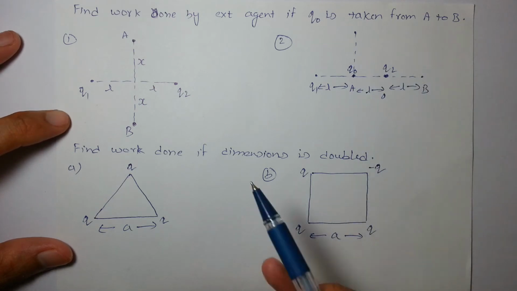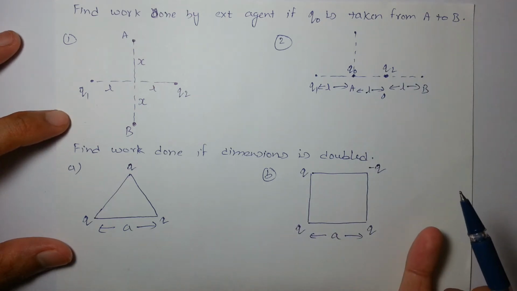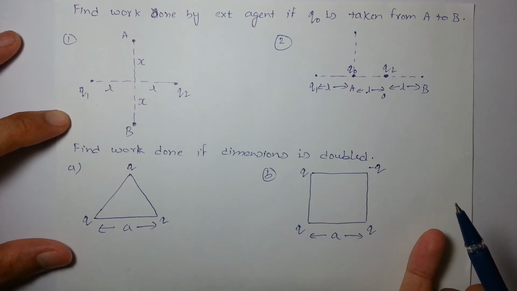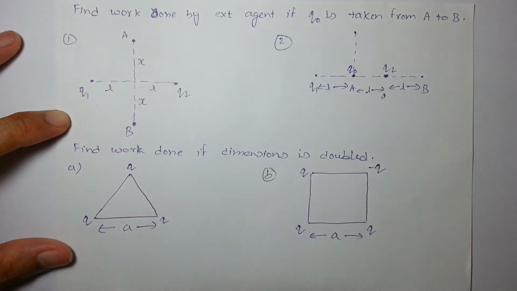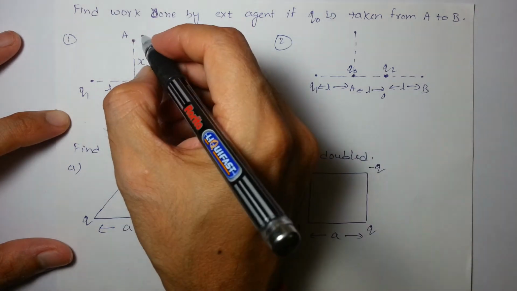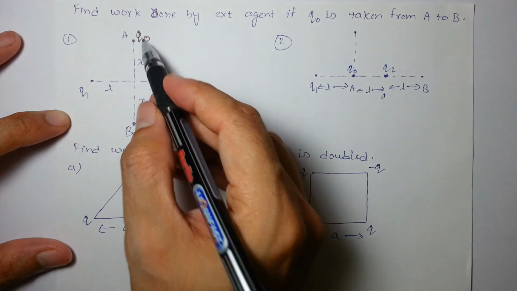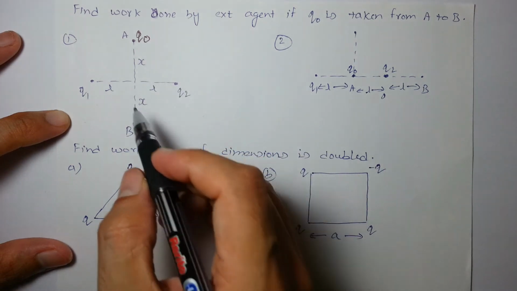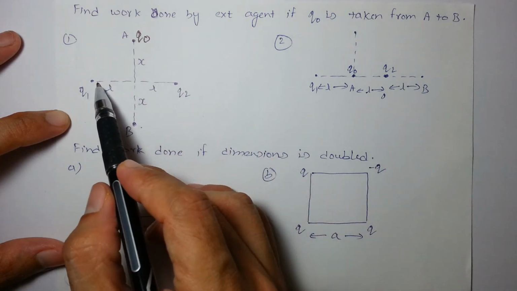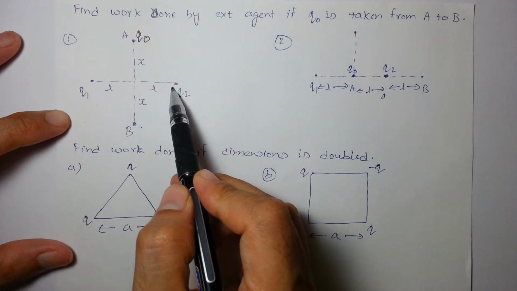Again, to calculate work done, we just need to find the initial potential energy and final potential energy and their difference. Let's say charge Q naught is here and it is moved from here to here. There will be three pairs, and one will not be disturbed.